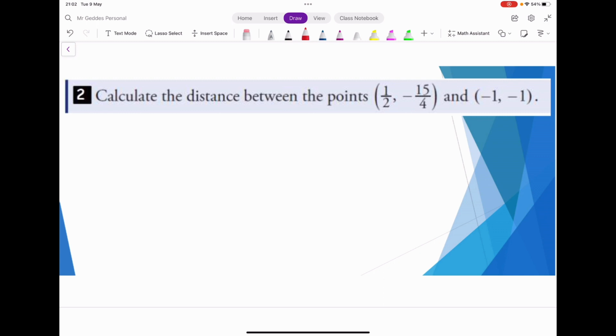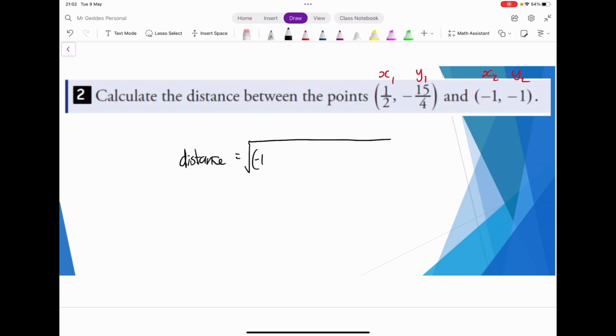So again, let's start by labelling for just now. We won't need to do this in the future. x1 and y1, x2 and y2. We'll pop our distance formula down. Distance equals square root, and we'll be very careful this time.